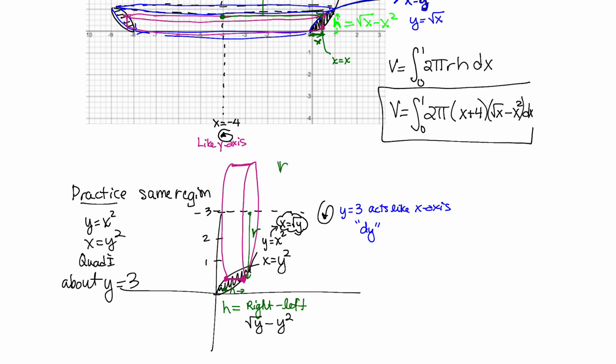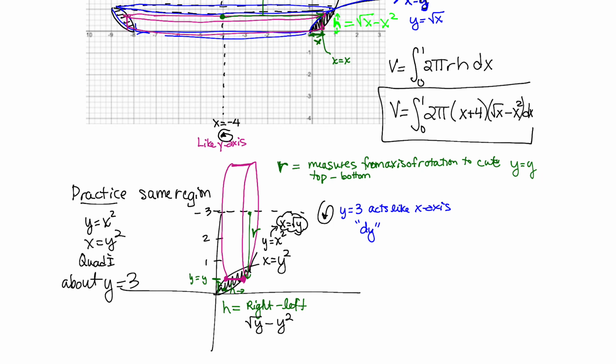My radius measures from the axis of rotation to the cut. Remember, it is just a random y value. You can think of it as y equals whatever number, or y equals y. It's just this y value right here. So you're going to take top minus bottom.